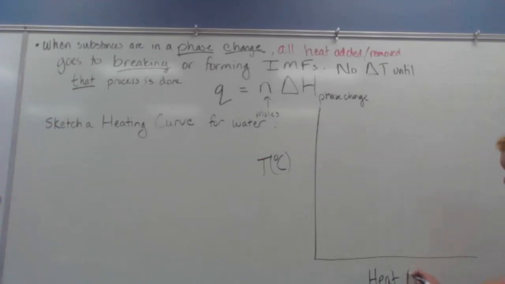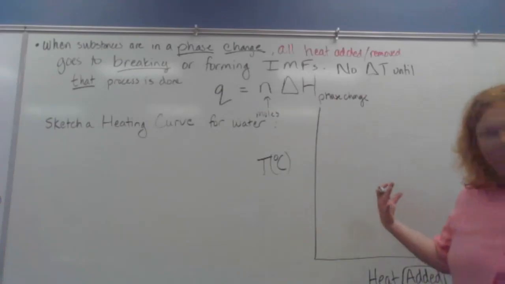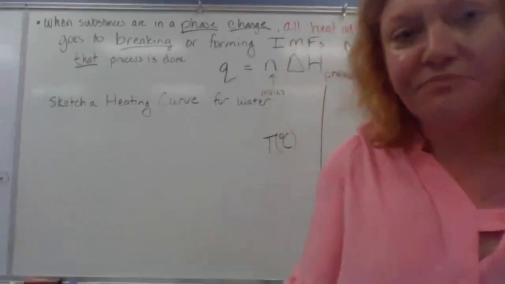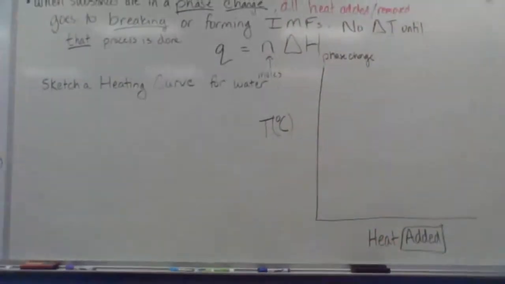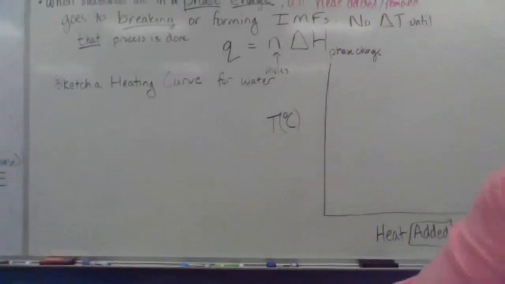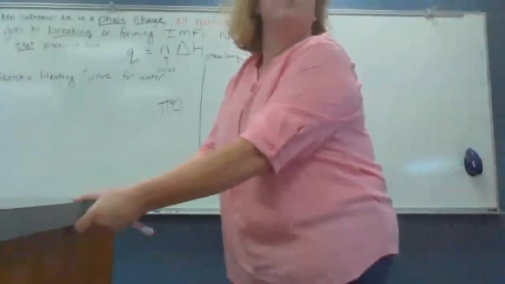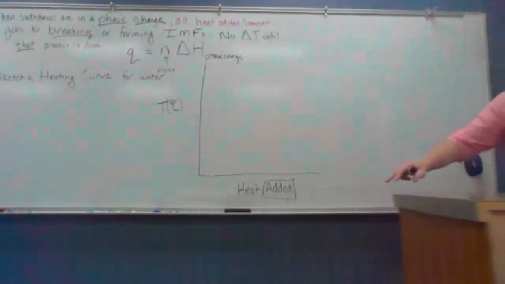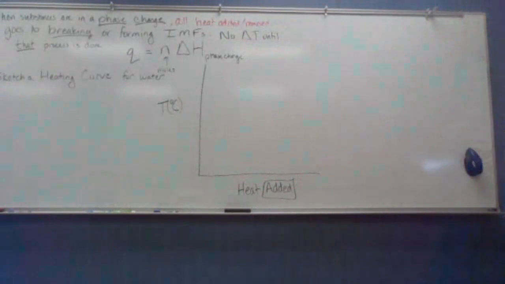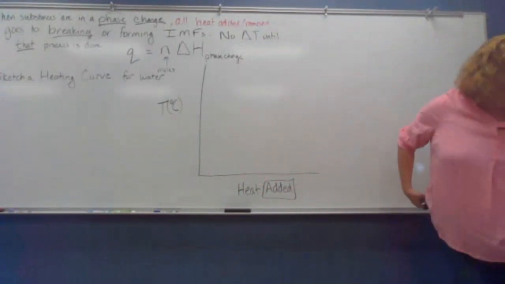Okay, so on this, we are adding heat, heat added. That could be different if it was a cooling curve. It would be heat removed, but this is heat added, okay?